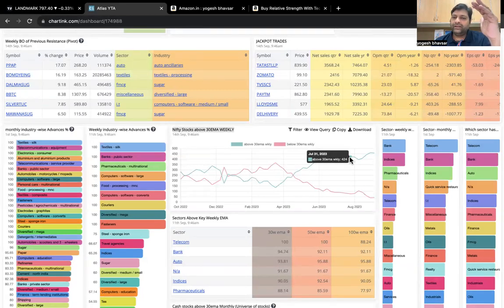Now what happened suddenly from 424, the stocks of Nifty which were above 30 started declining. That means there were a lot of stocks which were coming below 30 EMA on the weekly time frame.